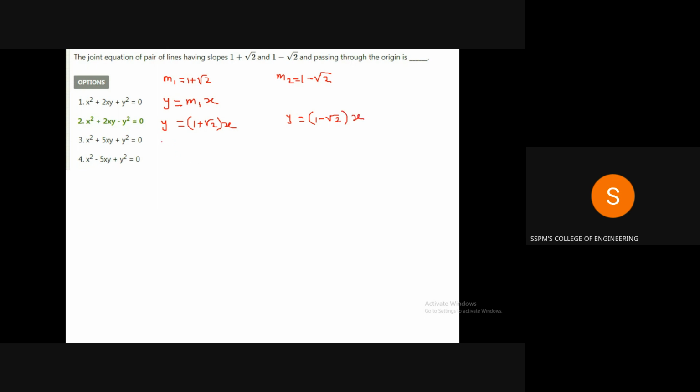If we write these equations in standard form, we get y minus (1 plus root 2)x is equal to 0, and for the second line it is y minus (1 minus root 2)x is equal to 0. So this is our first equation and this is the second equation. In order to get the joint equation we will just multiply these equations. So what will be the multiplication?